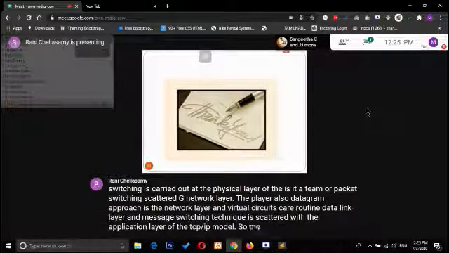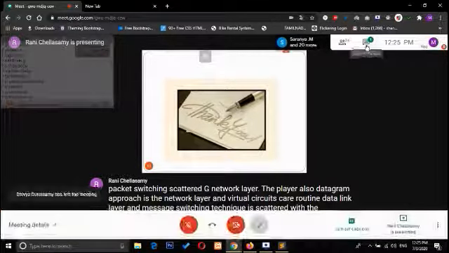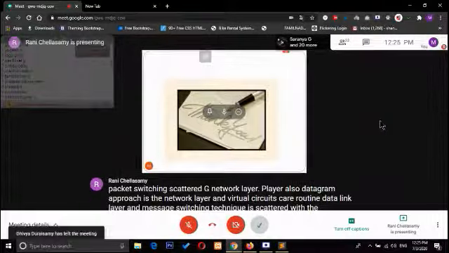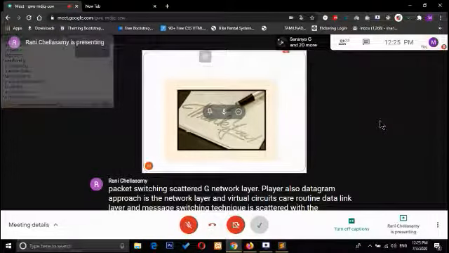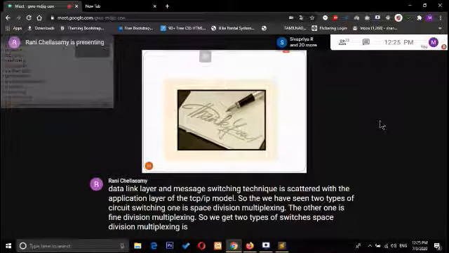We have seen 2 types of circuit switching: space division multiplexing and time division multiplexing. Space division multiplexing is carried out with 2 types of switches: the crossbar switch and the multistage switch.